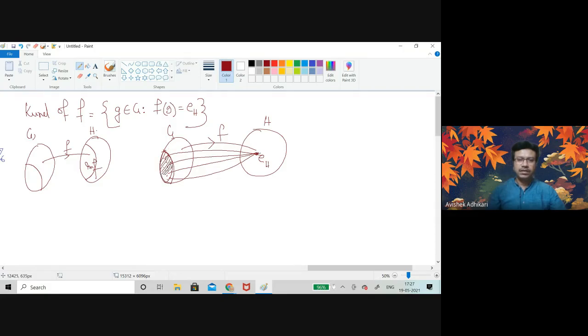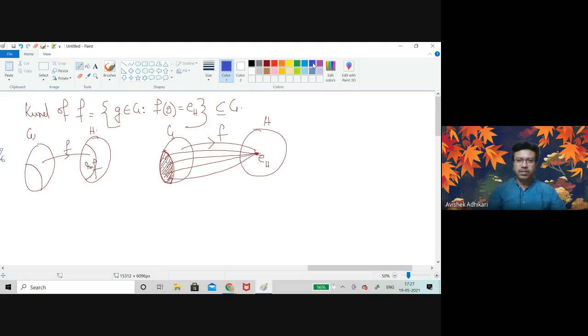So that is the subset. This is a subset of G. Clear? So all such elements from G, if you apply f on those elements, will go to the identity element of H. So this is a subset of G by definition.